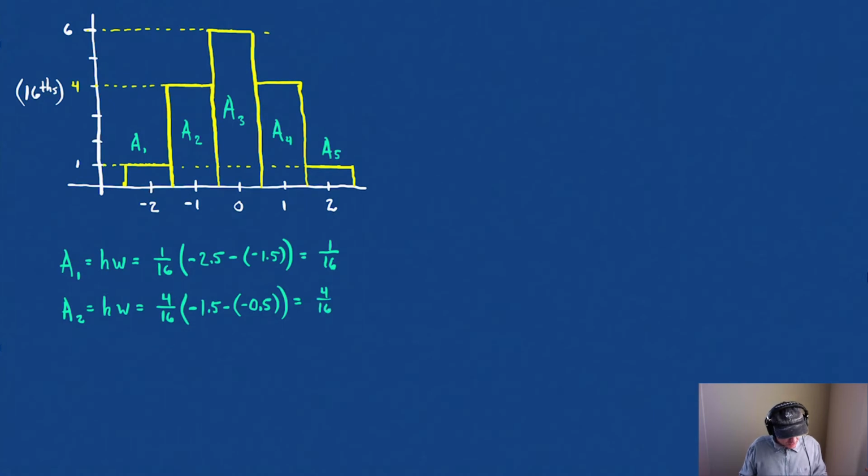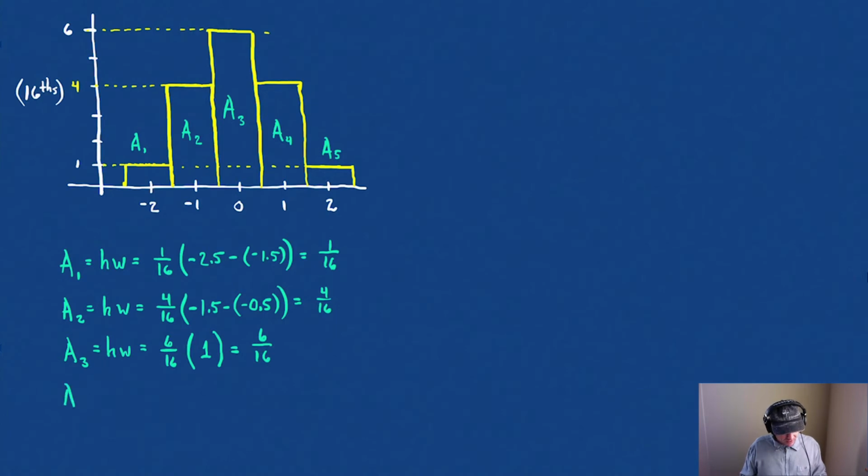Let's try area 3. The height times the width. So the height is 6/16. And the width here is also just going to be 1. All of these have the same width. We did that by the way we built the histogram. All the class widths are the same. So the area is 6/16.